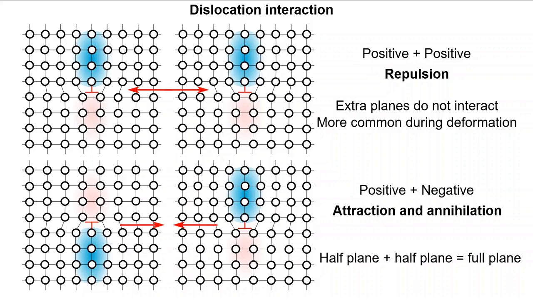This results in a perfect crystal, at least locally. This type of event will detract from the overall dislocation density. However, as we've seen previously, the net dislocation density increases as deformation proceeds. The net contribution of this event is therefore minimal under ambient conditions, but it does become important at elevated temperatures.